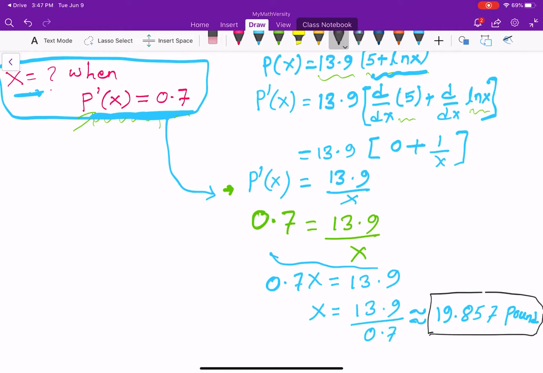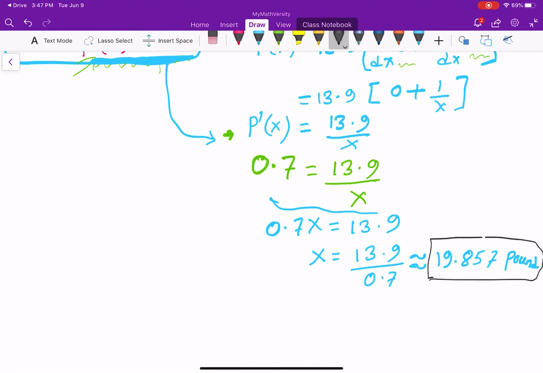But if you want to round to the nearest pound, the nearest pound would be 20. If that is the question, then 20 is the answer. Otherwise, 19.857 is a sufficient answer.